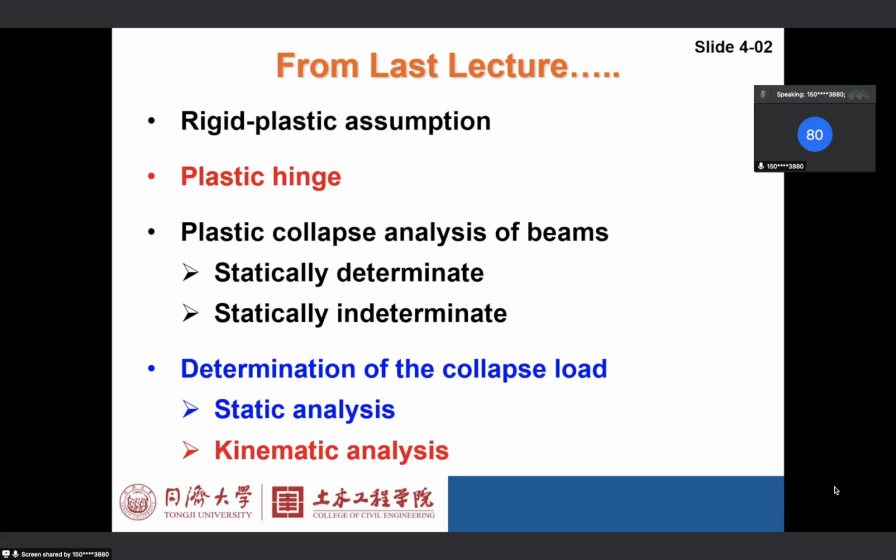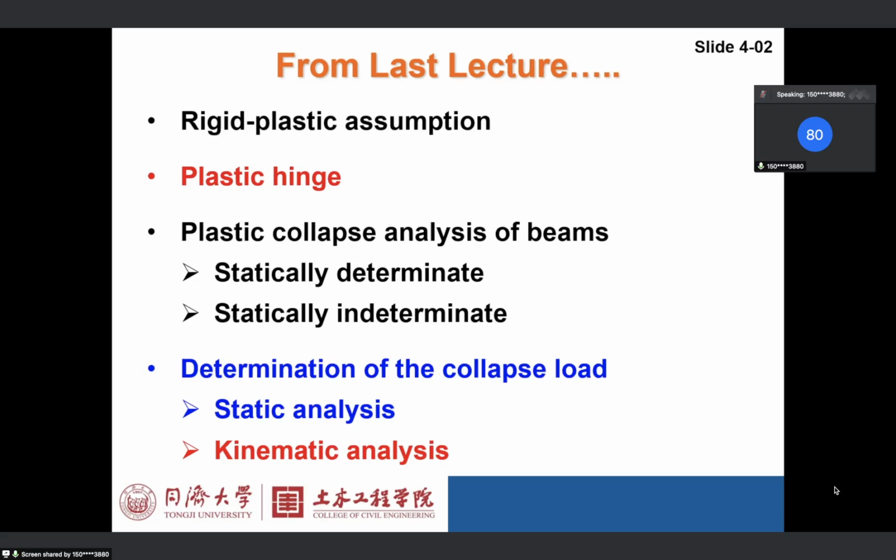If this condition is satisfied, we can say that the structure is in a collapse condition, which means we can use this equation to obtain the collapse load, right? So this is the basic concept. It's a very easy concept. It is based on the principle of virtual work. It's quite straightforward, actually. It's not difficult.